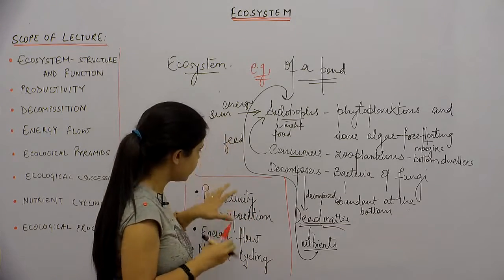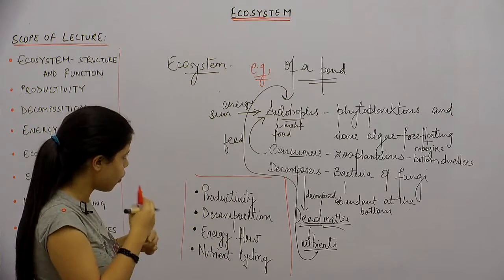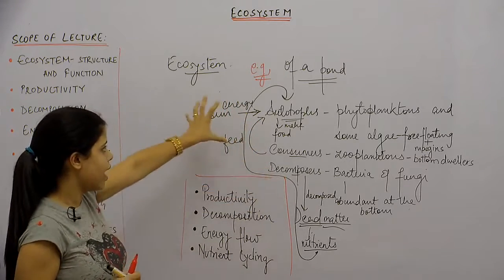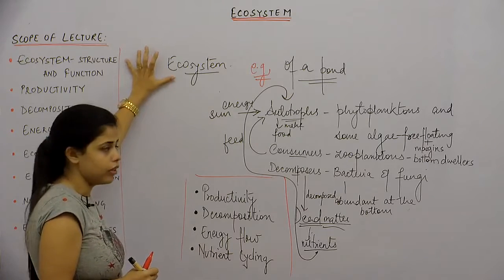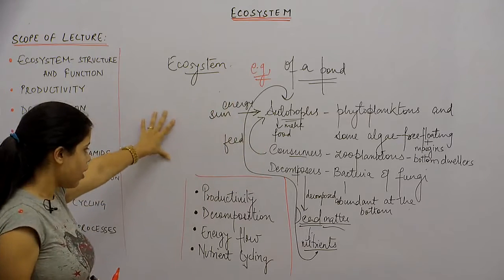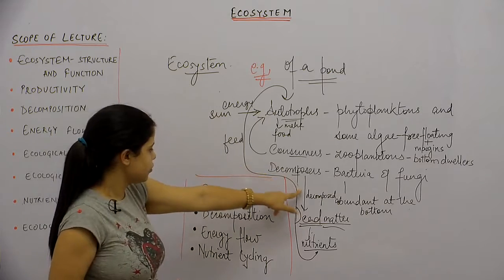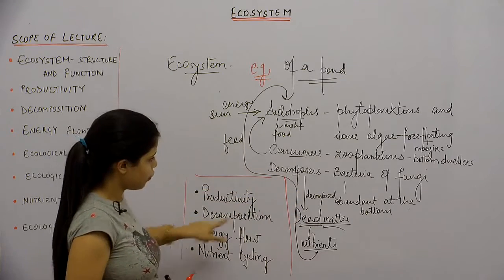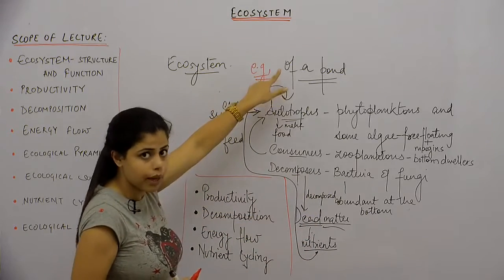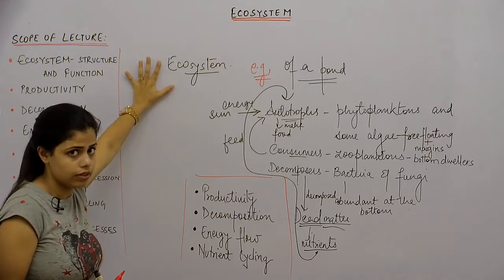So here you can see that this cycle is throughout moving and it's not stopping, and all these components are hence forming an ecosystem in a pond. So by this example, you can figure out why productivity, decomposition, energy flow, and nutrient cycling become an important aspect of the ecosystem, right?